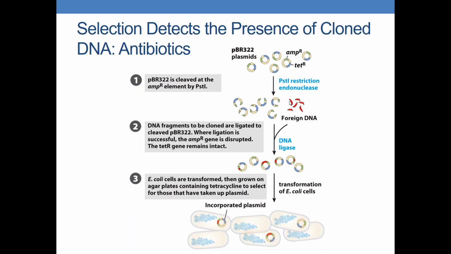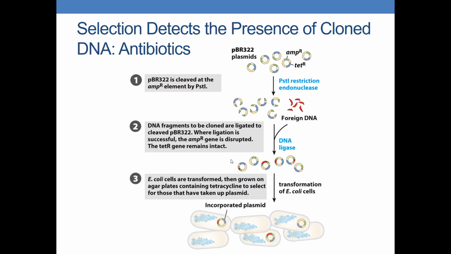I'm going to paste in, anneal in my foreign DNA, which is going to, via sticky-ended complementarity, insert right in the middle of that ampicillin resistance cassette. And then I'm going to treat with DNA ligase to glue it shut. And now I should have foreign DNA inserted properly in, but disrupted ampicillin resistance at the same time.